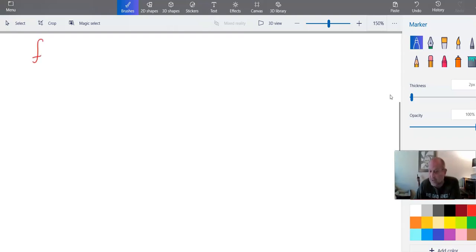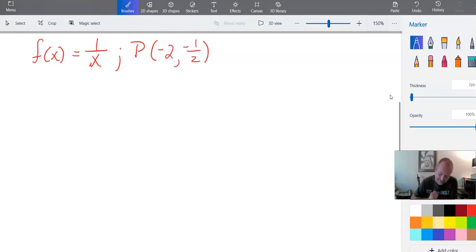So you saw the little trick with using the conjugate. So this time, let's let f of x equal 1 over x, and the point P is the point (-2, -1/2), right?